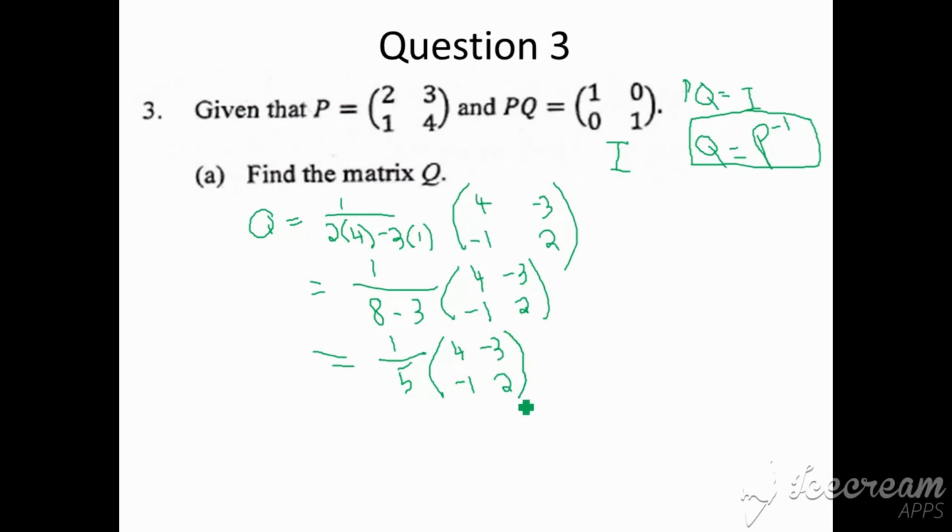You can leave your answer like this, or you can multiply each number here with 1 over 5. So you have 4 over 5, negative 3 over 5, negative 1 over 5, 2 over 5. You can leave your answer in either form.